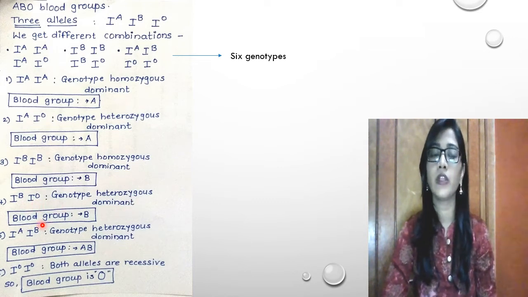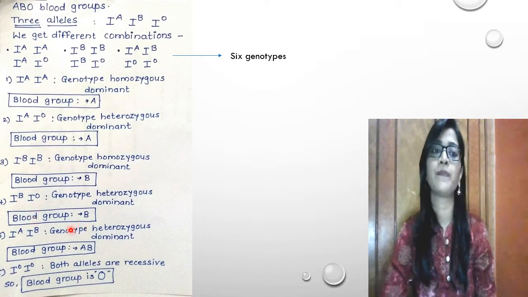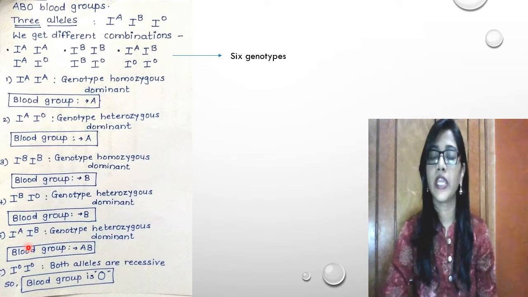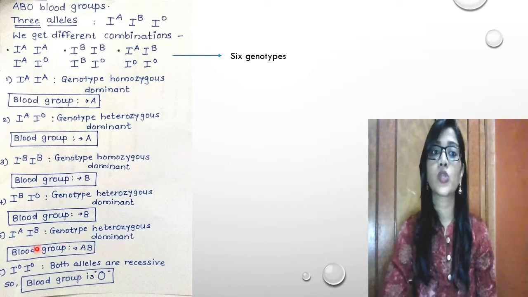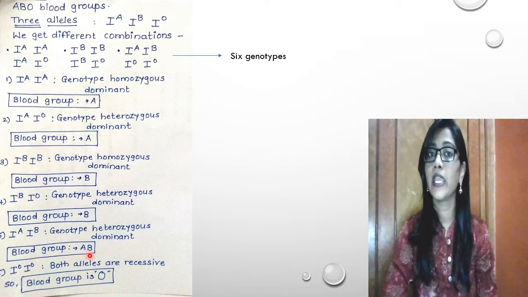As IO is a recessive allele, the dominant trait will get expressed, so that person will have blood group B. In the fifth case, IA and IB, both alleles are dominant, so that genotype is heterozygous dominant, and that person will have blood group AB.